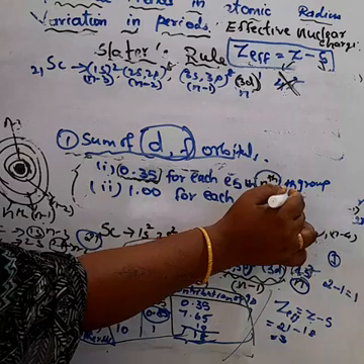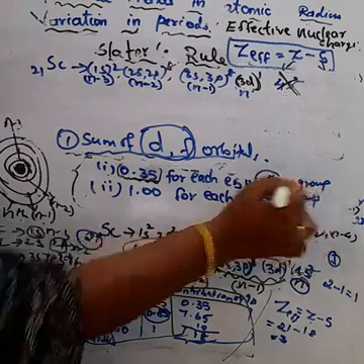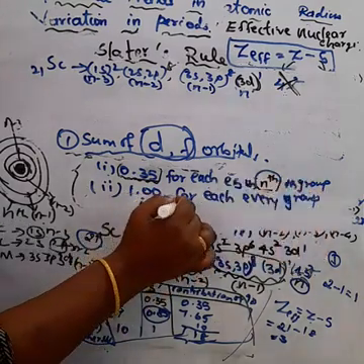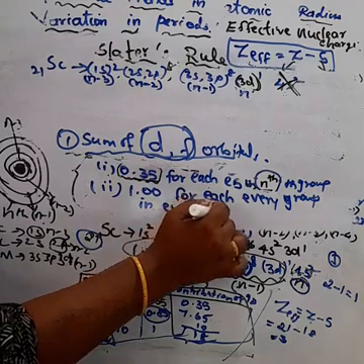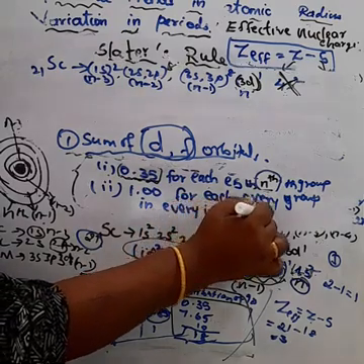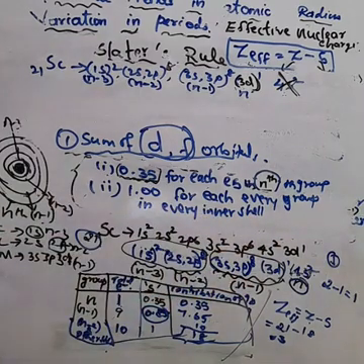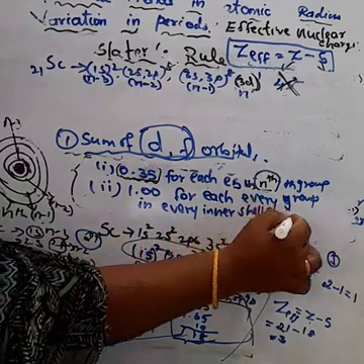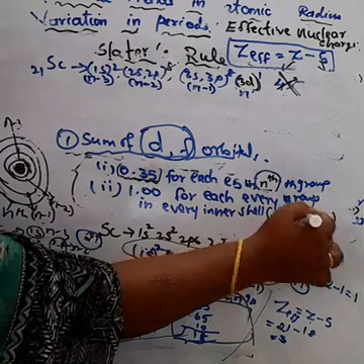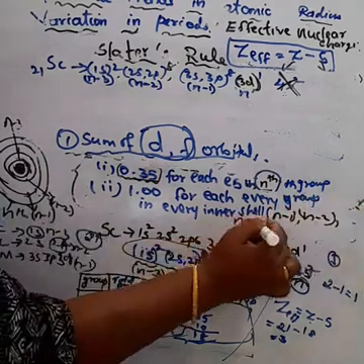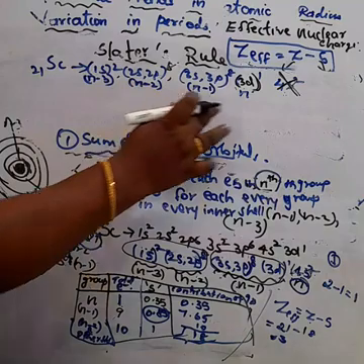So 0.35 is given for the nth orbit, and for all the other inner orbitals, n-1, n-2, n-3 and others, the value given is 1.00.